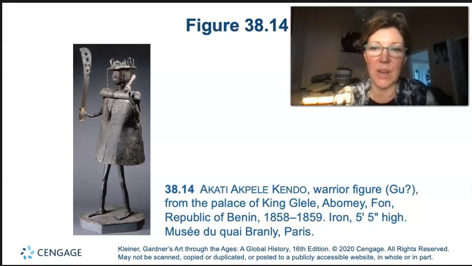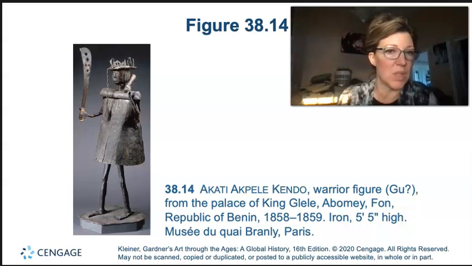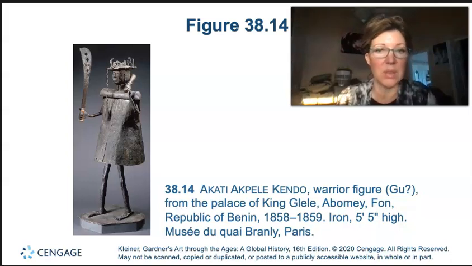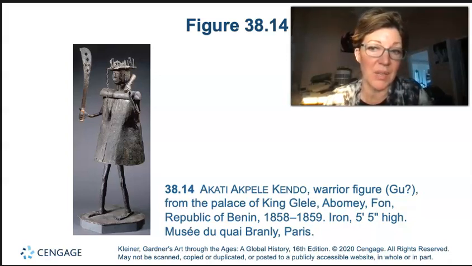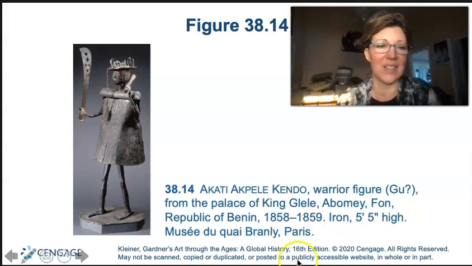King Glele of the Fon people commissioned artist Akati Akpele Kendo to make this life-sized iron warrior figure, which is thought to be Gu, the god of war and iron. The name of the earliest known African artist is Akati Akpele Kendo. So the first artist recorded is in the 1800s.